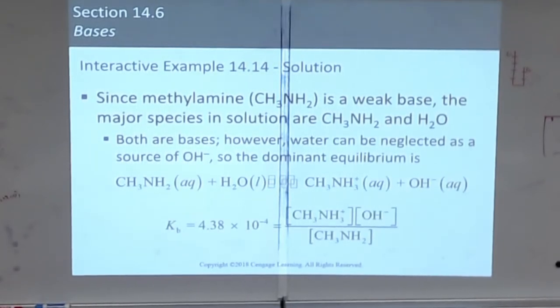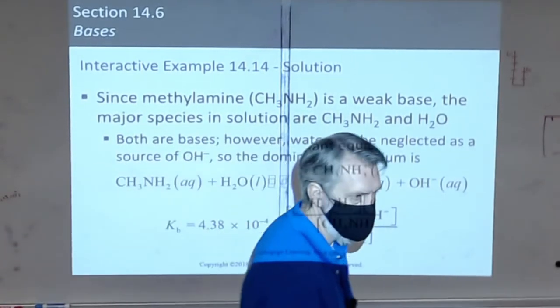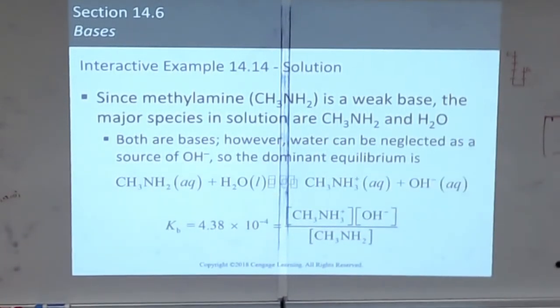Punch all that in there. I got one of these for every one of those. We're going to substitute the little letter X for that, right? That number on the bottom makes my life super easy. What'd y'all get? Did you get it yet?